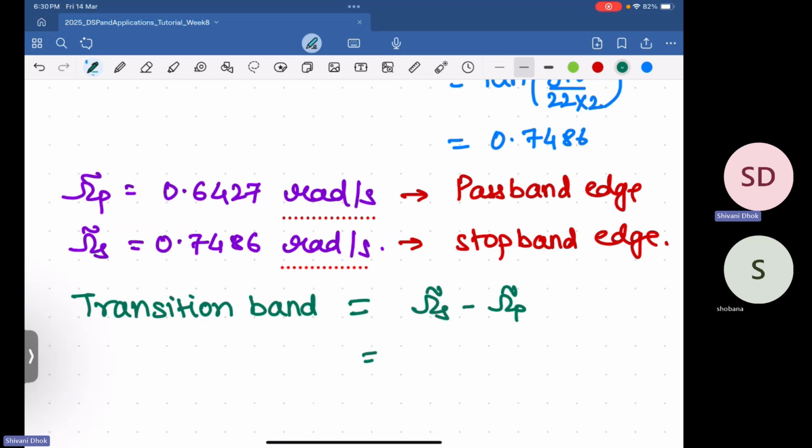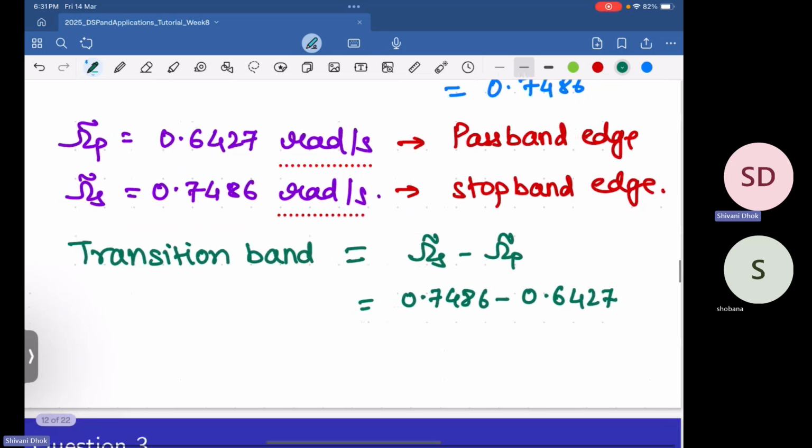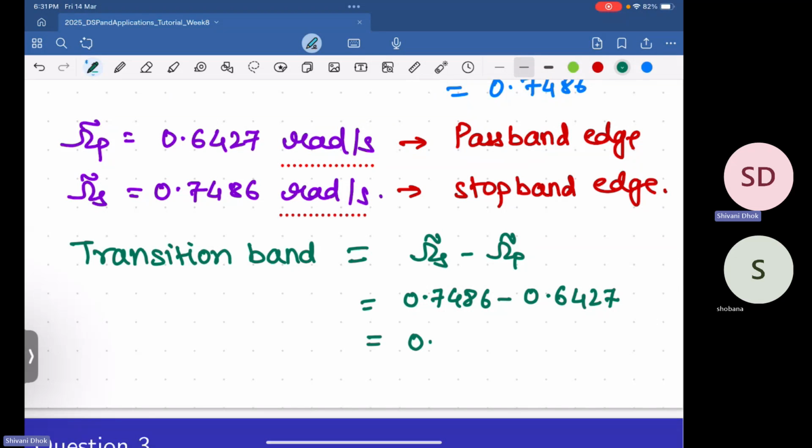This comes out to be 0.7486 minus 0.6427, and when you use a calculator, this is 0.1059 radians per second.